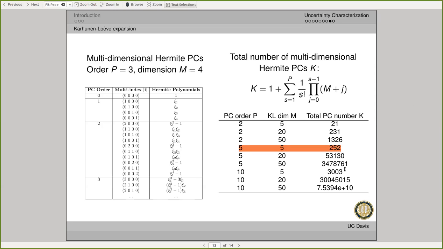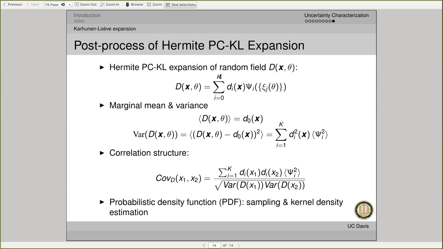And in order to check our Hermite polynomial chaos Karhunen-Loève expansion, we need to know the statistics that we can synthesize from it. We can calculate the marginal mean, which is essentially the first term of the deterministic coefficient field, and we can determine the variance synthesized from the expansion and also the correlation structure.